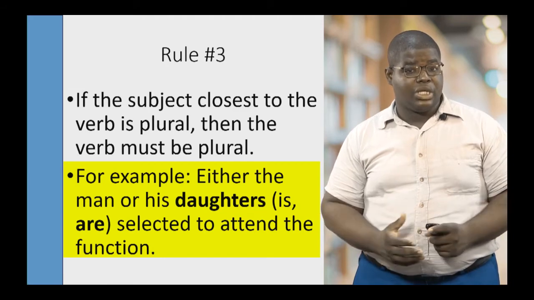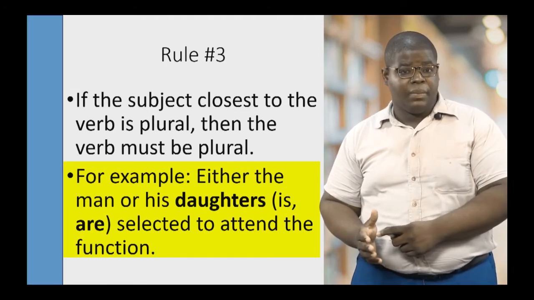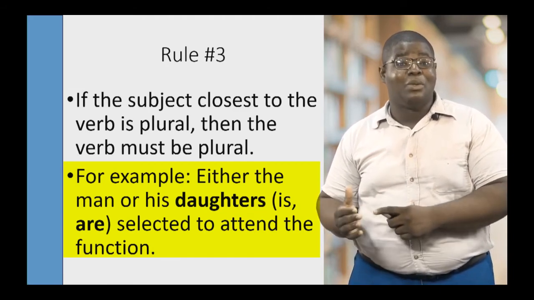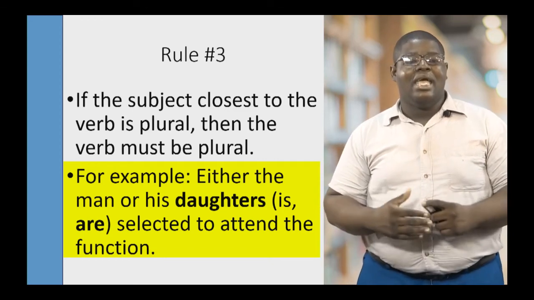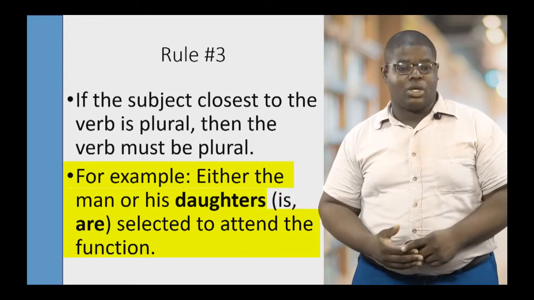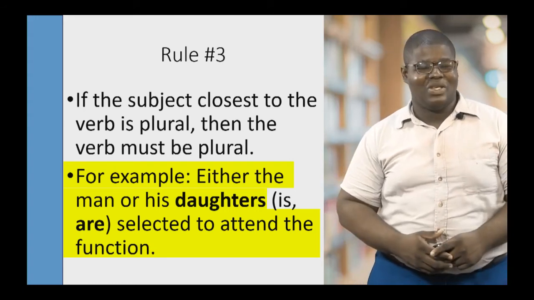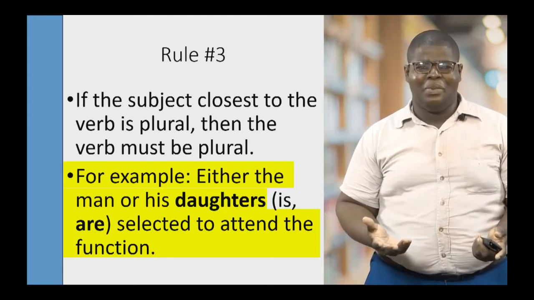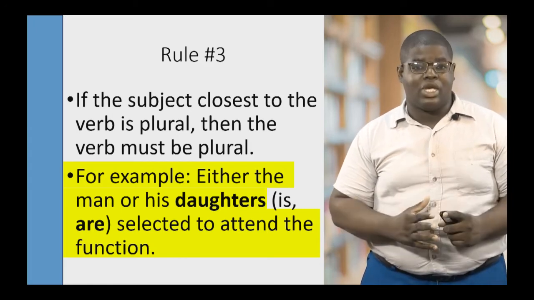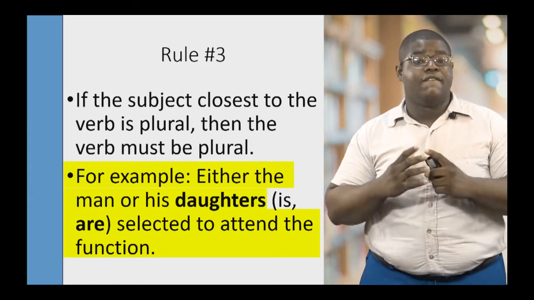The word daughters is closest to the verb, so the verb becomes plural. The sentence reads, either the man or his daughters are selected to attend the function. Do you think you get it? It's quite simple. We're looking at the subject that is closest to the verb.